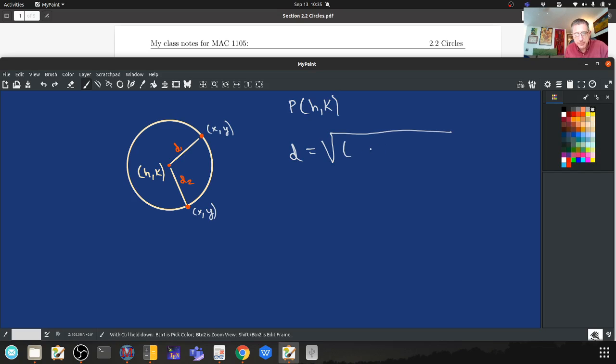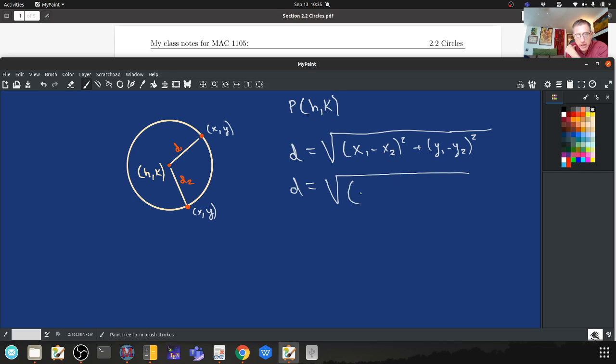given by, I'm going to give the general equation, x1 minus x2 squared plus y1 minus y2, not in the exponent, squared. There we go. So that's our general distance formula. But in this case, the distance is constant, and it's constant from a single point.